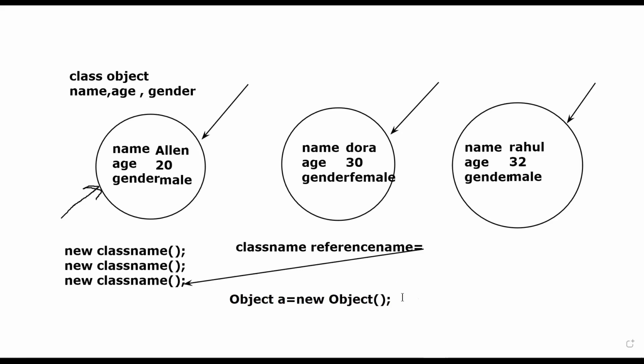This is the way to create an object. But if you want to access this object, you need to refer it. And in order to create the reference, you will write name of the class, reference name, assign new name of the class.